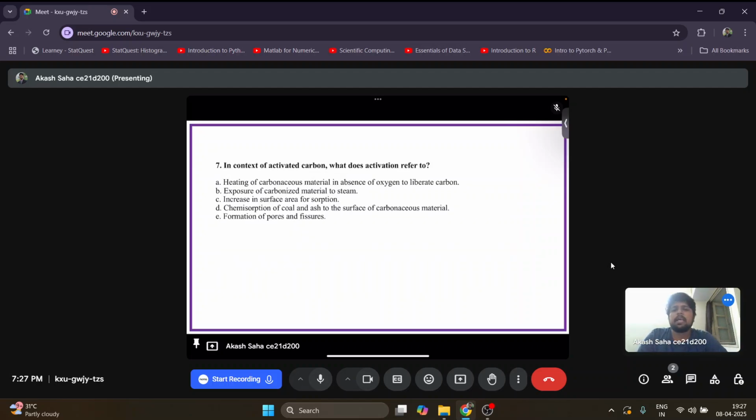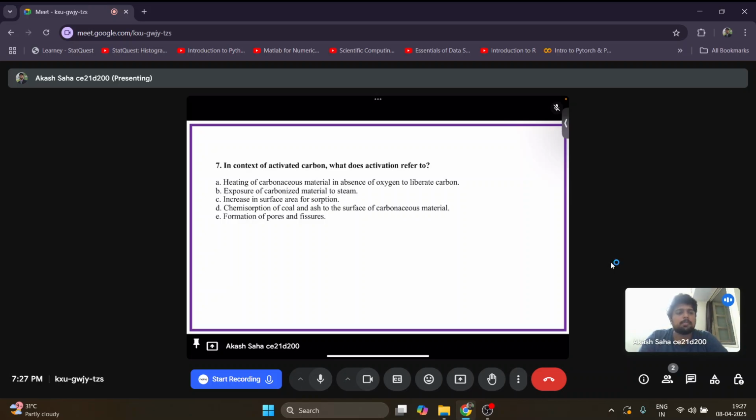Now, next question. In the context of activated carbon, what does activation refer to? Does it mean heating of carbonaceous material in absence of oxygen to liberate carbon? Exposure of carbonized material to steam? Increase in surface area of absorption? Chemisorption of coal and ash to the surface of carbonaceous material? Or the formation of pores and fissures?